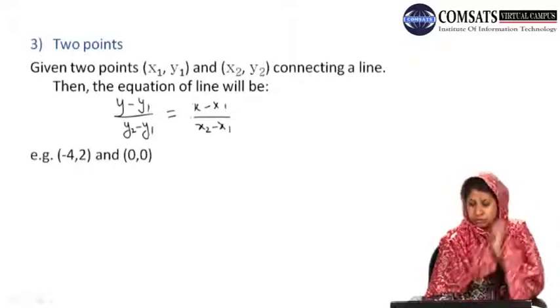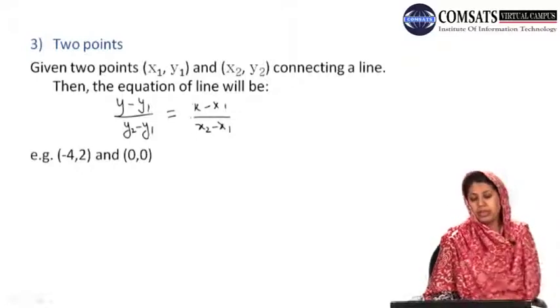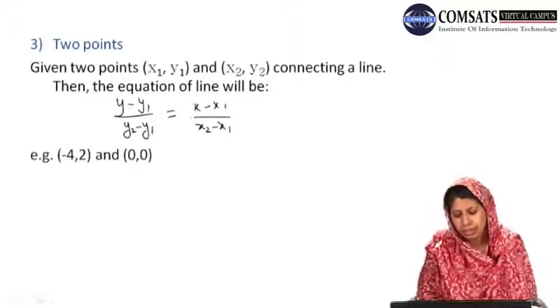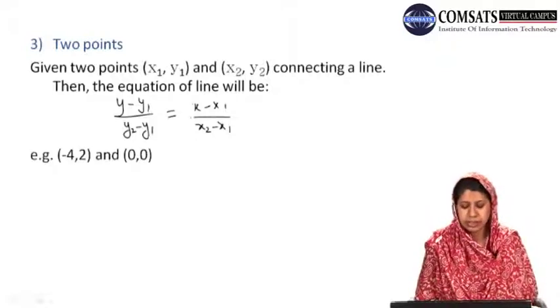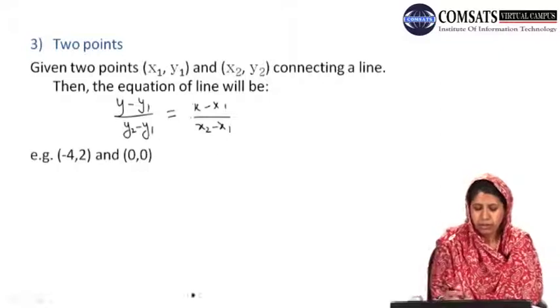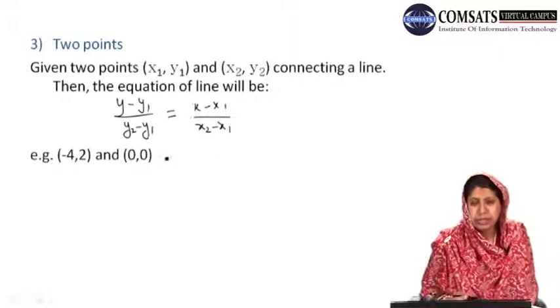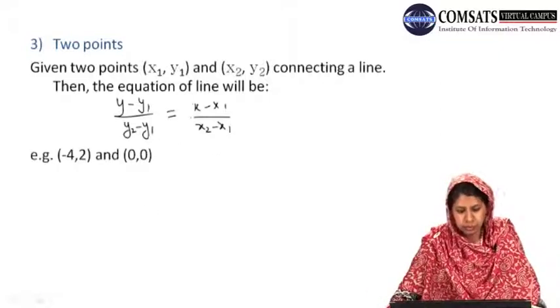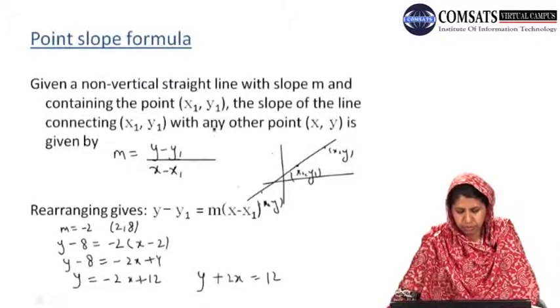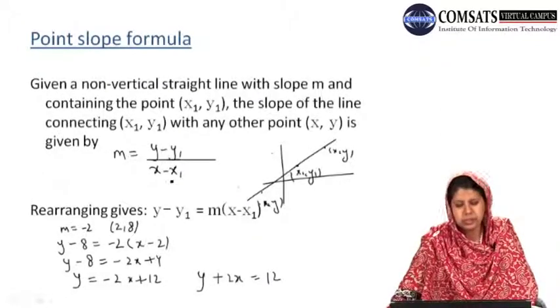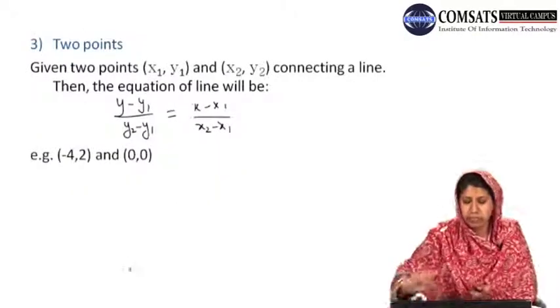This sounds a bit complicated, but if we look at it closely, y minus y1 over x minus x1 is just the slope m.